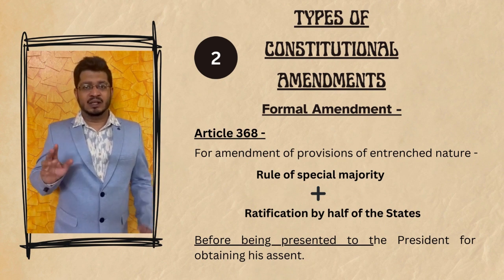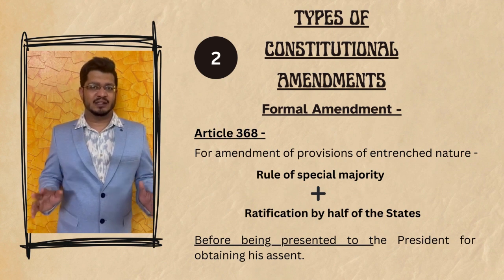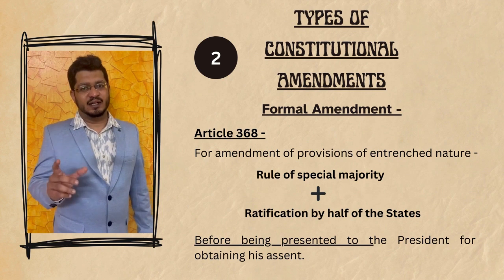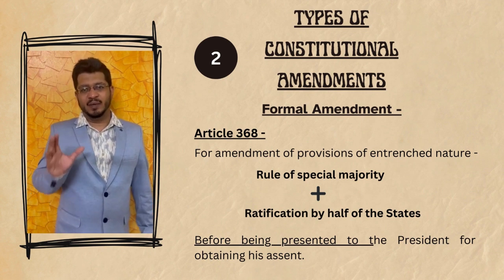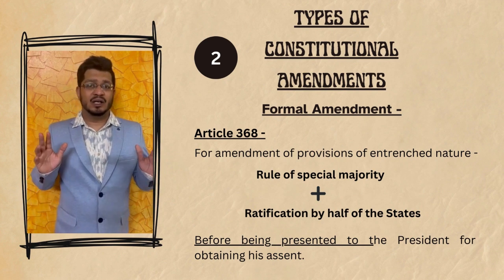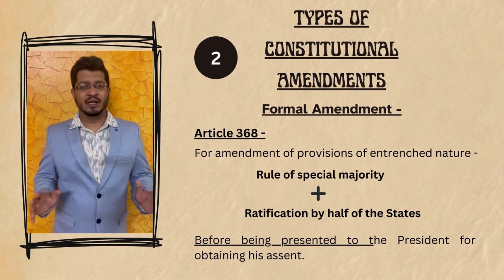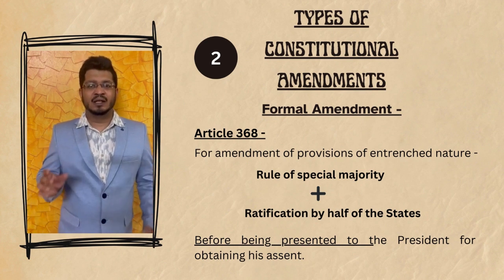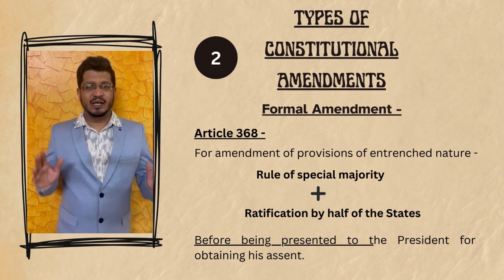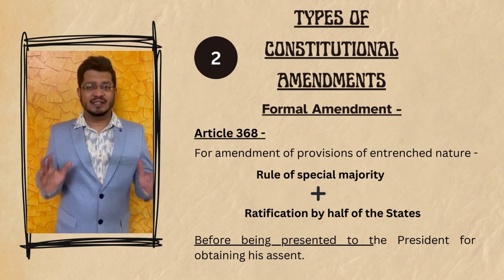Number one, the concerned constitutional amendment must be passed in both houses of the Parliament by the rule of special majority. Special majority means half of the total strength of the House and not less than 2/3 of the members present and voting. And apart from that, amendment of entrenched provisions of the Constitution requires ratification by 1/2 of the state legislatures.